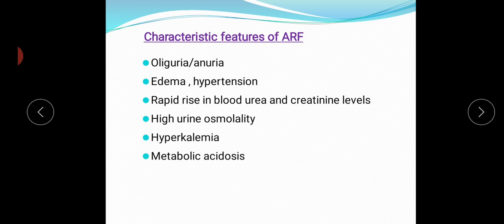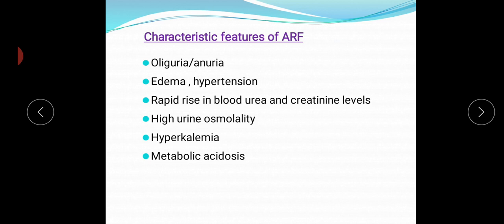So now, what may be the complaints or the signs and symptoms of acute renal failure? First is oliguria or there may be anuria. The patient's urine output will be less than 400 or less than 100 ml per day, even though the intake is normal. Then there may be edema and hypertension.